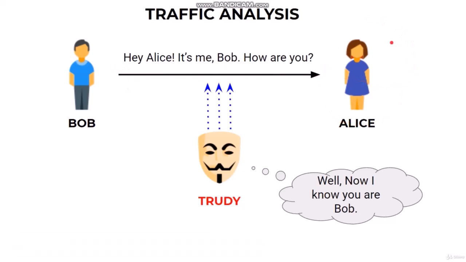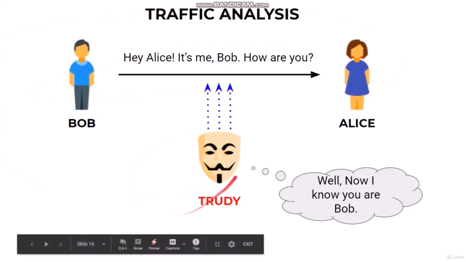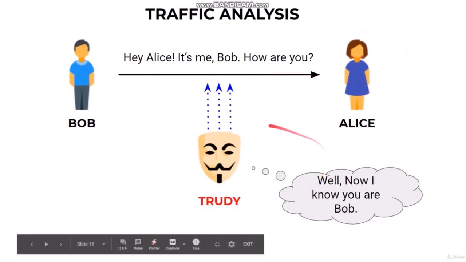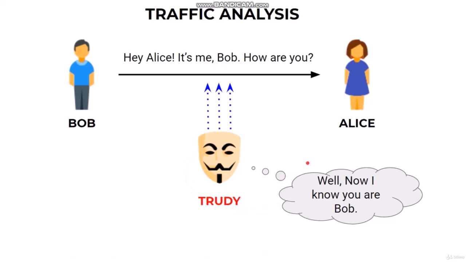You can see that this is Bob, and he is trying to send a message to Alice. Now Bob, Alice, and Trudy are the famous personalities that have been used since the earlier age in cryptography. Bob and Alice are good people, and Trudy is the intruder. Now Bob says, "Hey Alice, it's me, Bob, how are you?" Alice gets this message, and now knows that the person who has sent her a message is Bob.